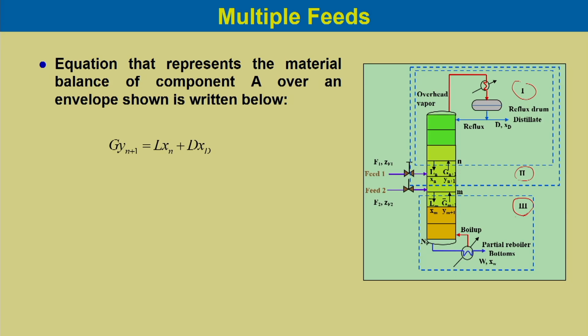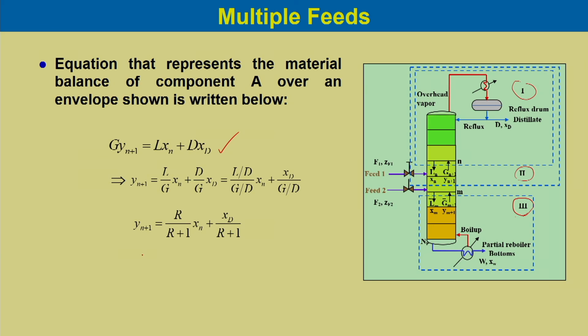We have G into y n plus 1 equal to L into x n plus D into x d. So, from here we can write y n plus 1 equals L by G into x n plus D by G into x d. So, it would be L by D over G by D times x n plus x d over G by D.